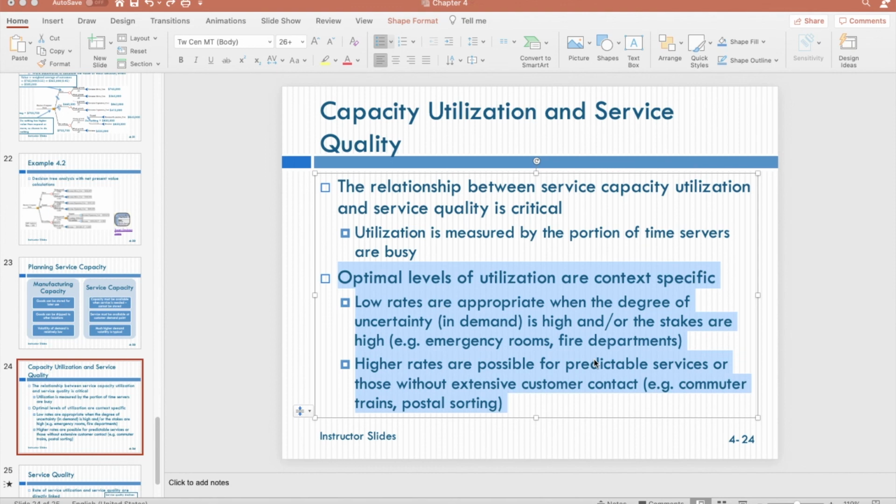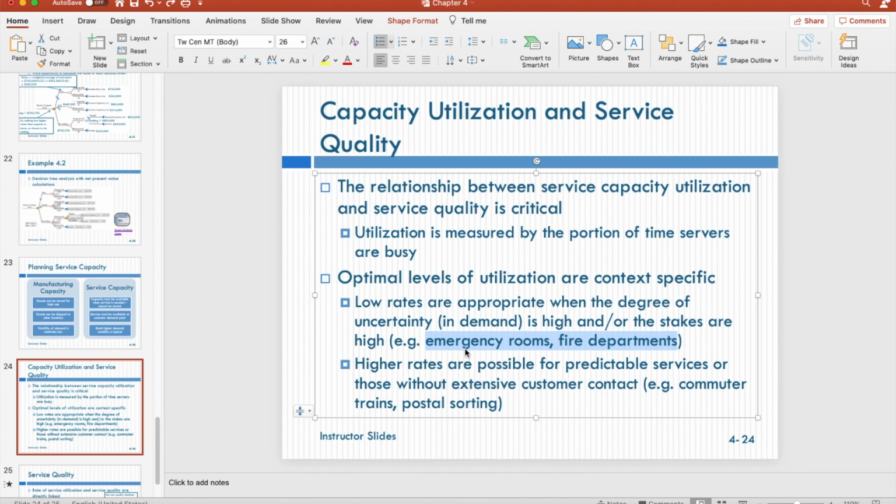Why? As I show here, if you are facing a high degree of uncertainty, or the stakes are very high, for example emergency rooms or fire departments, for this type of public service situation, of course we want the level of utilization to be low, because the uncertainty is pretty high.